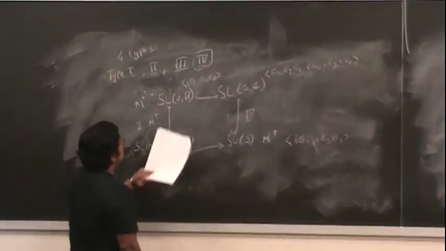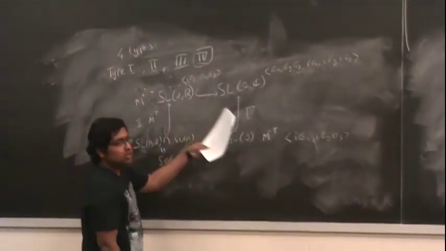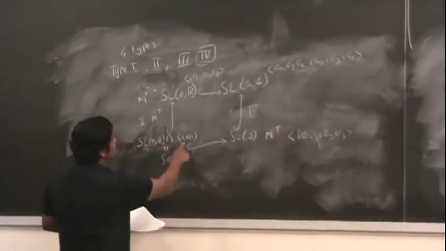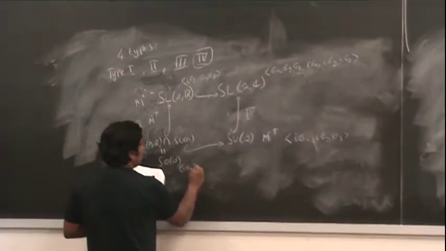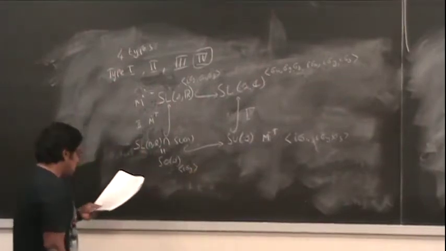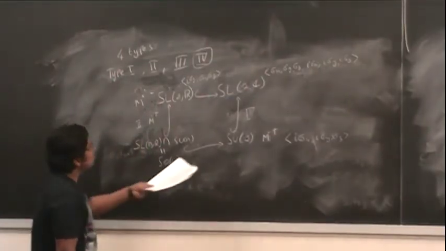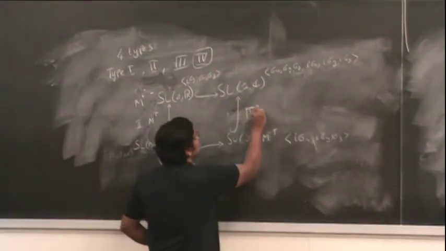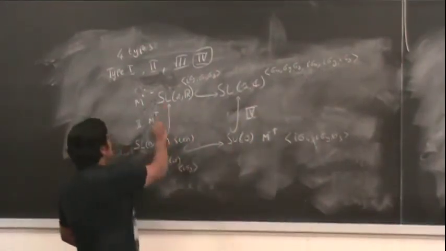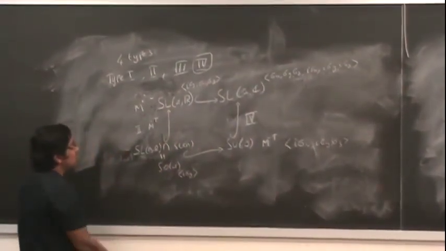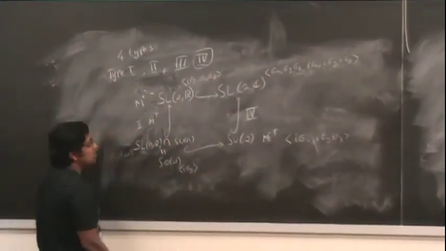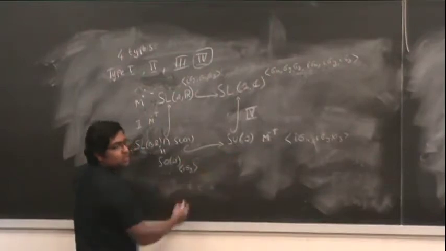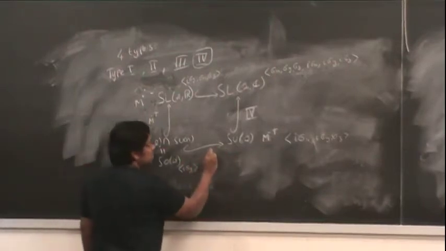If you take the intersection of those, you get that i sigma y. Here we talked about this being type 4, this was type 2, but this is also a compact subgroup of SU2, right? So we can think of what decomposition this gives us.